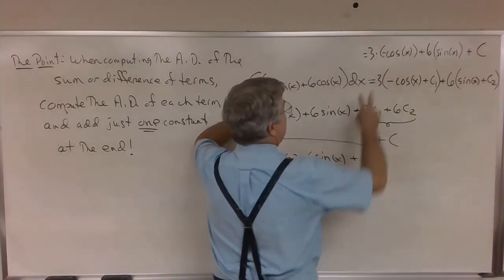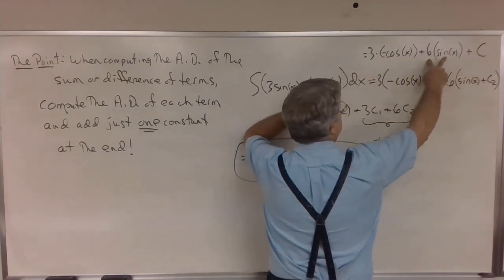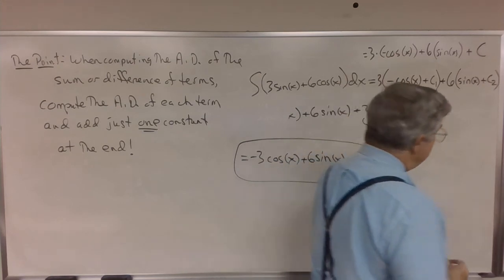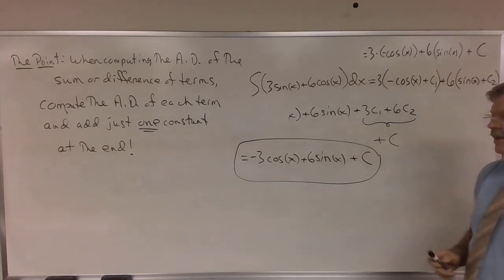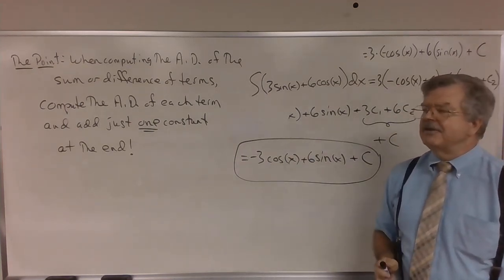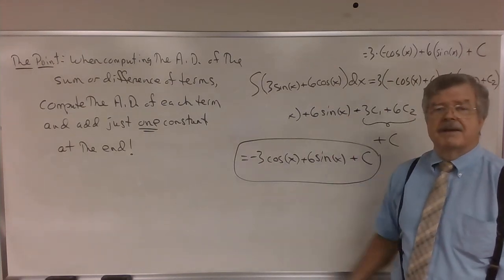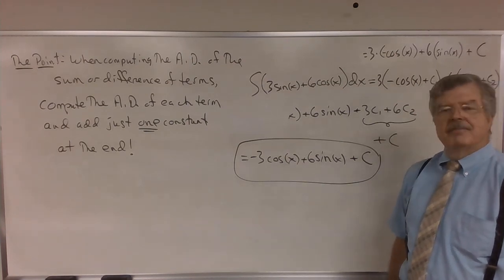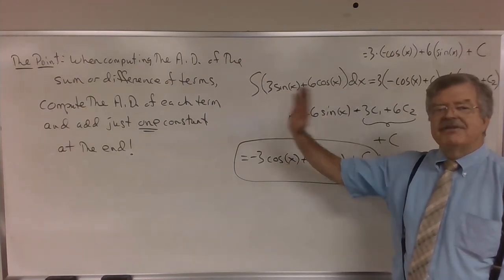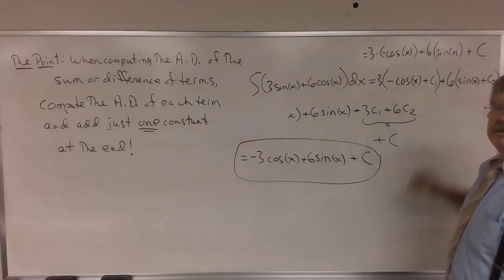So compute the antiderivative of the first term, compute the antiderivative of the second term, and then just add one constant at the end. That's all that I had to do. But of course, if I'm new to this process, I wouldn't know that unless I experimented around, which is what we just did. But when we compute the antiderivative of a sum or difference, just antidifferentiate each term and then add our constant at the end.